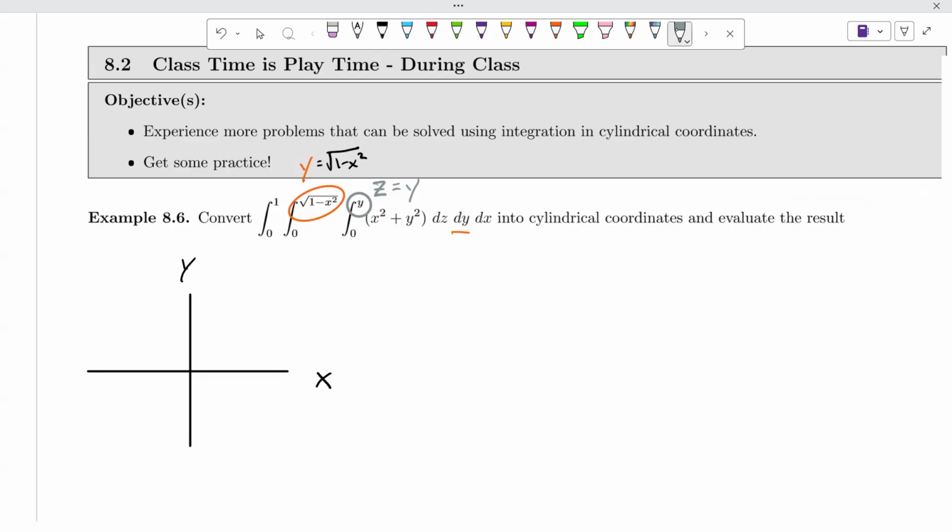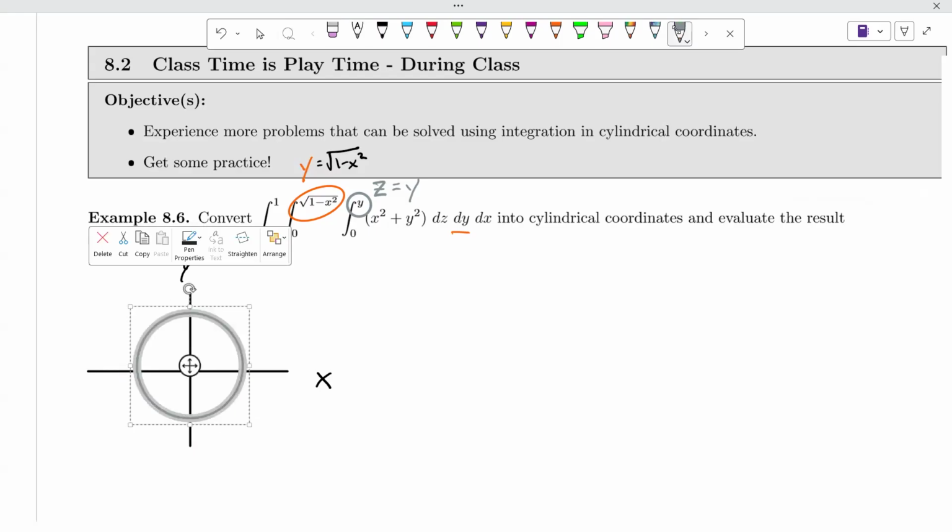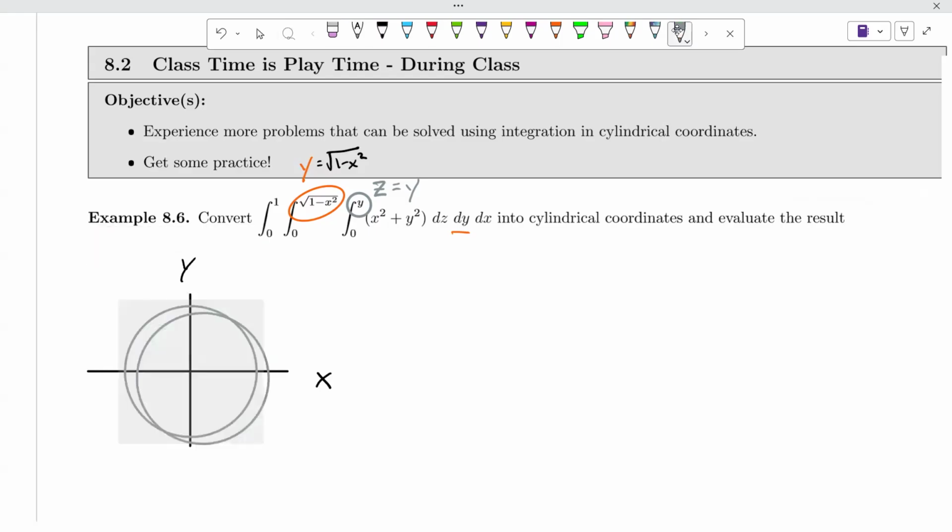I'm after a circle with a radius of 1, right? Y equals the square root of 1 minus x squared. That's a circle with a radius of 1, or rather a specific part of that circle, which I'll get to in just a second. Maybe make our circle slightly bigger. Good enough.